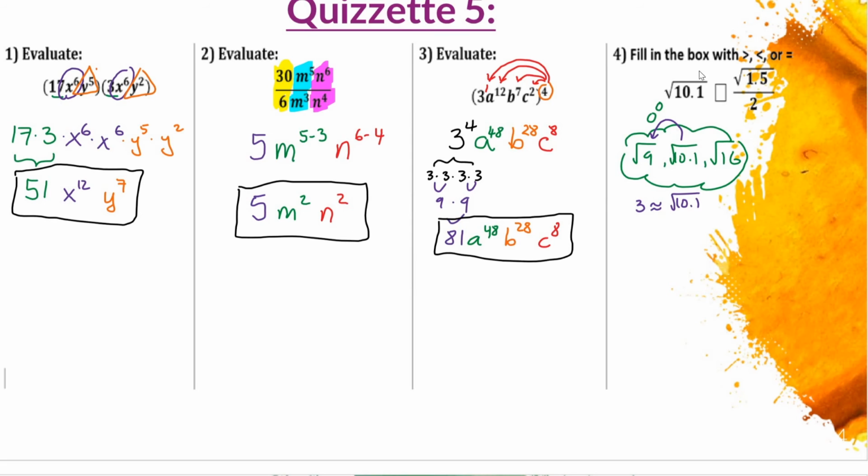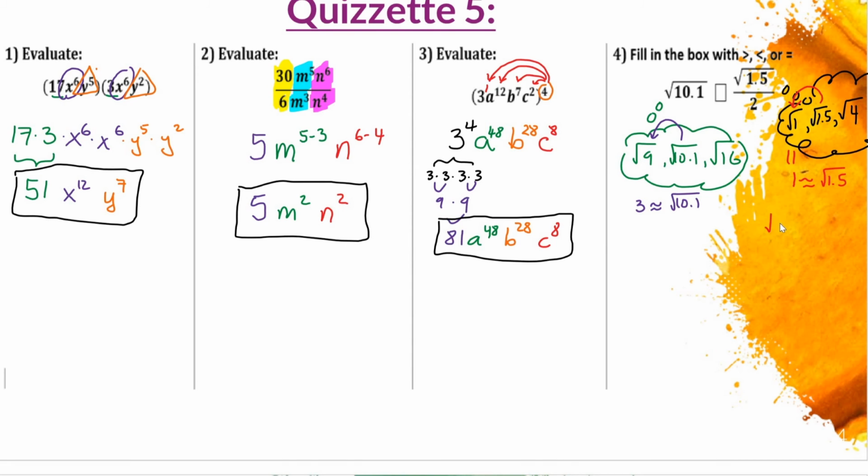We will do the same for 1.5. Oh, I just realized that it's out of the recording screen, so I'll try to squeeze it in here. The square root of 1.5 stays in between two perfect squares, the square root of 1 and the square root of 4. It's closer to 1 than 4, so we round down. The square root of 1, which is 1, is roughly the answer for the square root of 1.5.